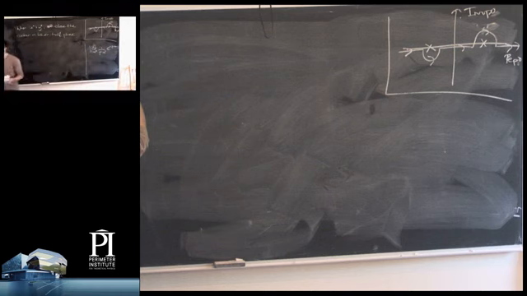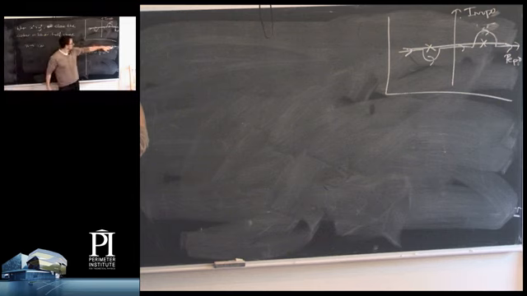Why does our choice of where to close the contour depend on x naught? Let's see that now. If we close in the lower half plane, this means that P0 is going to minus i infinity.